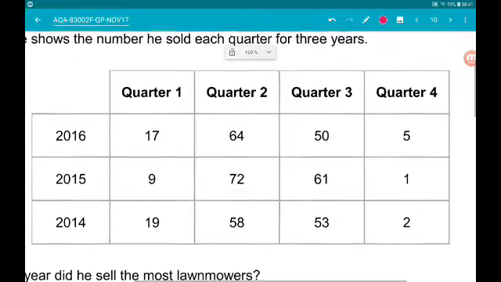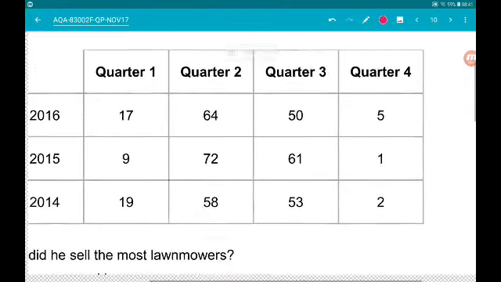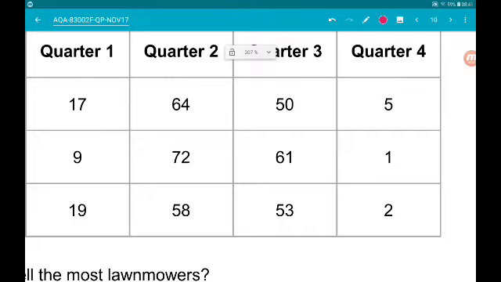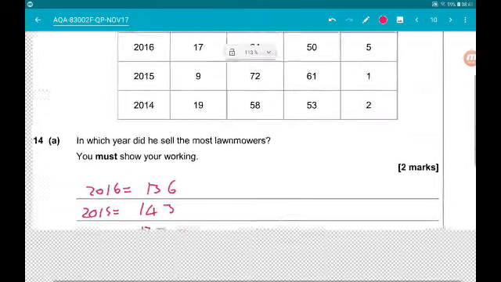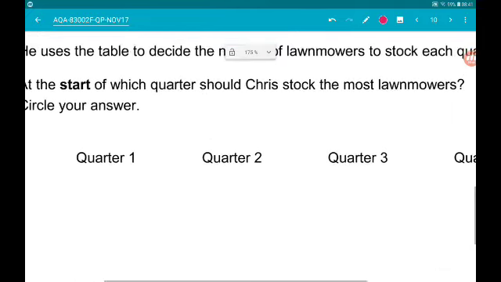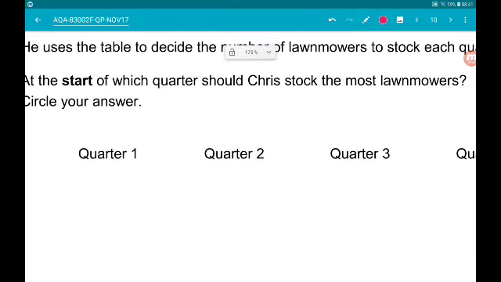So we can see that that's going to be quarter 2. So he should stock the most at the start of quarter 2. Cool.